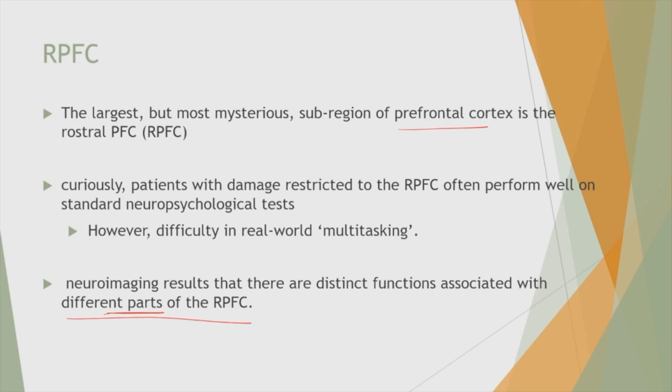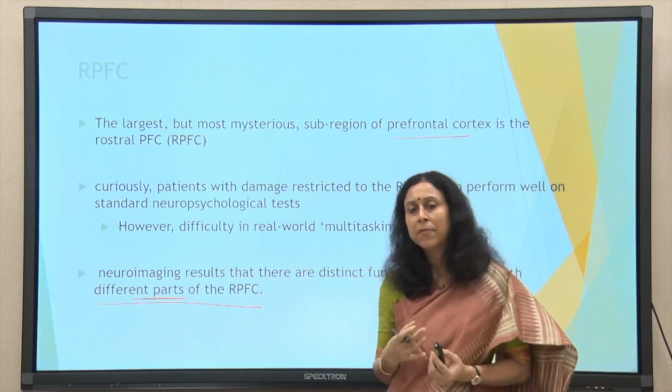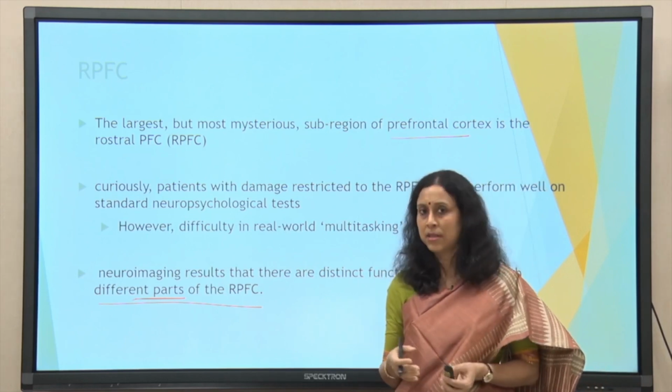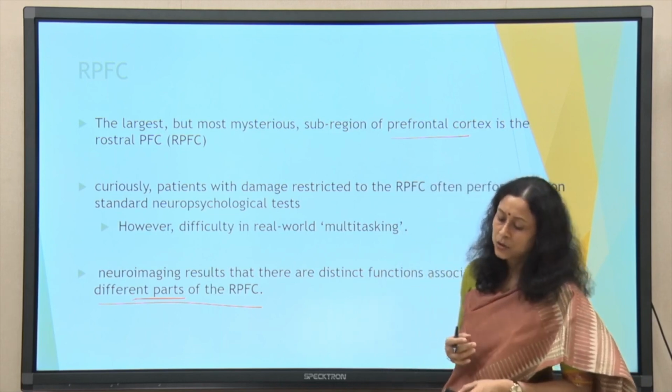In fact, as we speak, many groups are busy finding out the very fine detail of each of these subparts, different parts of each of these smaller regions also. But for our purpose, we need to have a broader idea about the main areas that are responsible for executive function, and these are those.